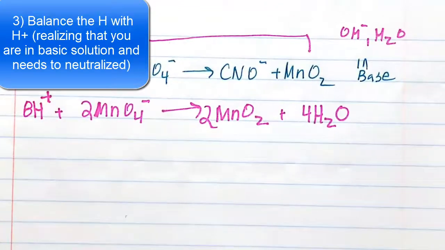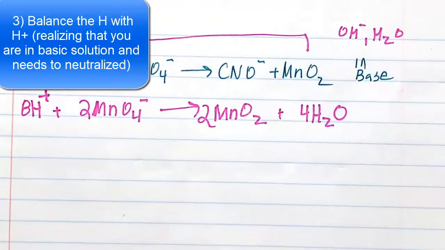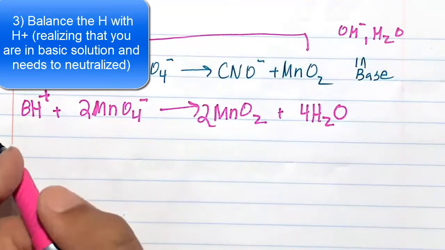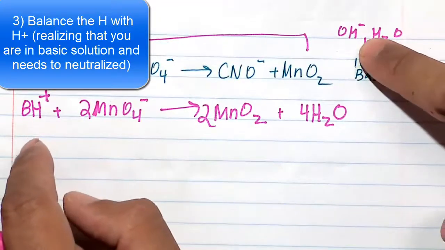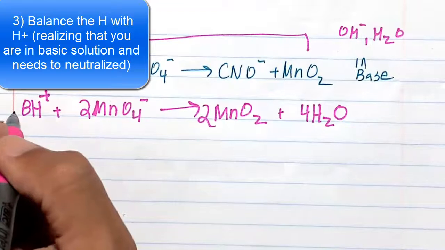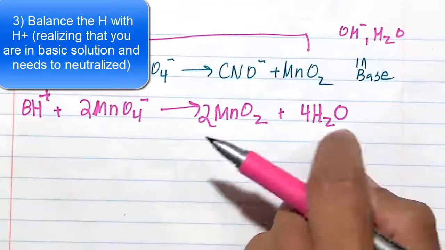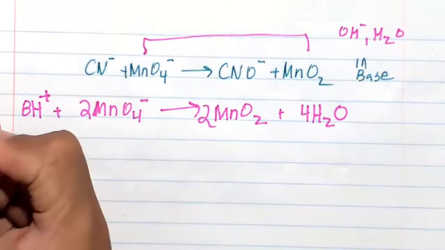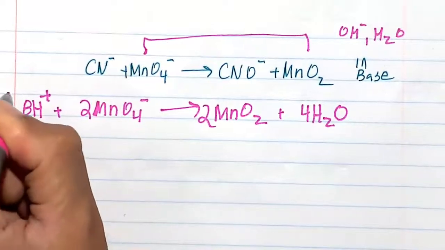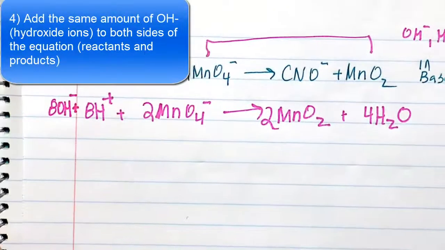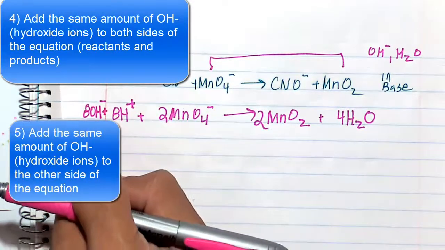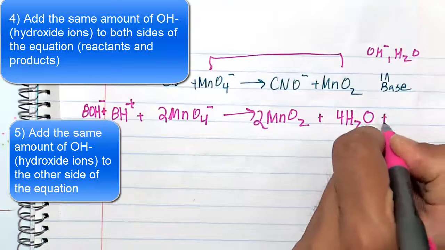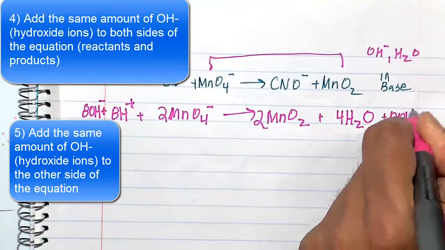And recognizing that I am in basic solution, the same procedure as before, as if it's in an acidic solution, but now it's really not, it's in a basic solution. So for however many H pluses I add to balance my hydrogens, I will add an equivalent amount of hydroxides. So adding 8 OH minuses here, whatever I add on the left-hand side, I have to add to the right-hand side.